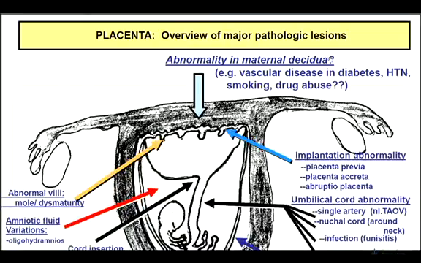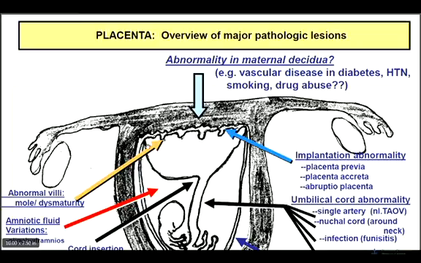Remember that the maternal surface, the decidua on the endometrium, may control a lot of the placental abnormalities during a birth. So vascular diseases need to be under control, including diabetes, hypertension, smoking, drug abuse, cocaine. All of that impacts on a growing infant.